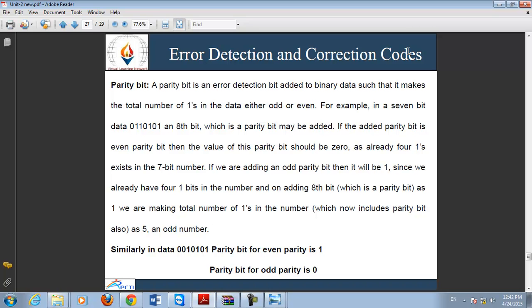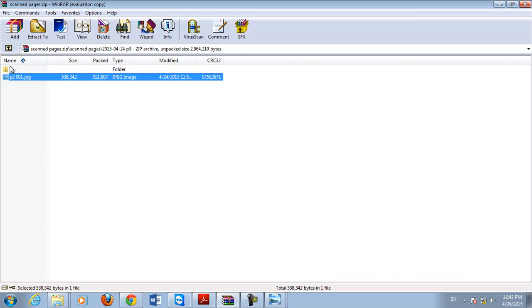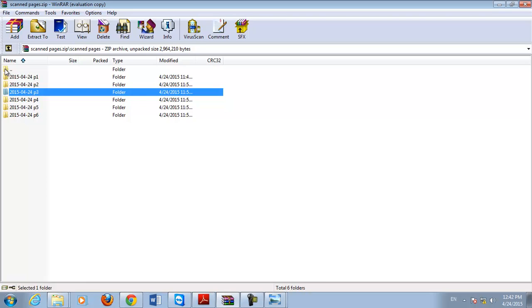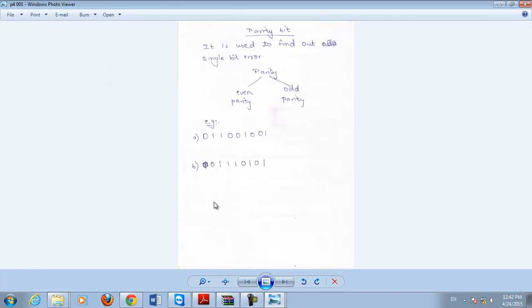I will give you an example of parity bit use. It is used to find out a single bit error. For example, the user sends 011001001.